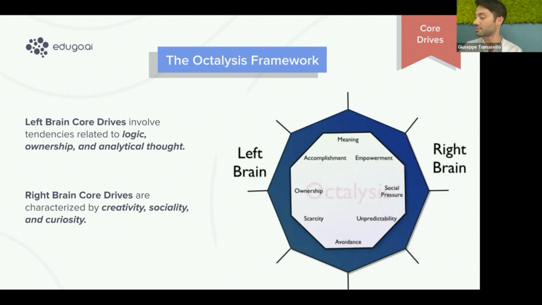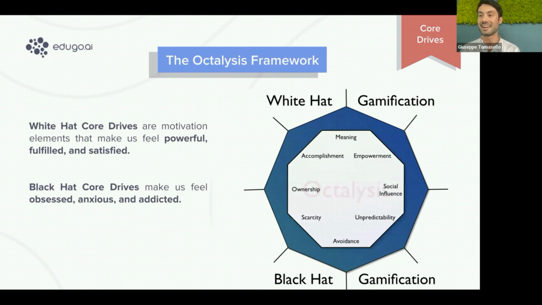The second division is also very interesting because it's on the top and the bottom of the Octalysis framework. You have white hat gamification and black hat gamification. White hat gamification core drives are elements that make us feel powerful, fulfilled, and satisfied. They are positive feelings, for example, meaning.